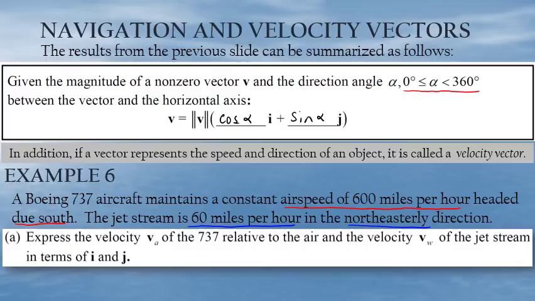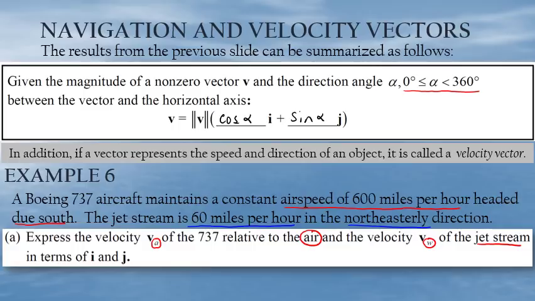Express the velocity v sub a of the 737 relative to the air. So, we could just call it v. The a is to indicate that it's the speed relative to the air. And the velocity v sub w, what do you suppose w stands for? W is the jet stream, so maybe that's the wind you might think of, in terms of both i and j.